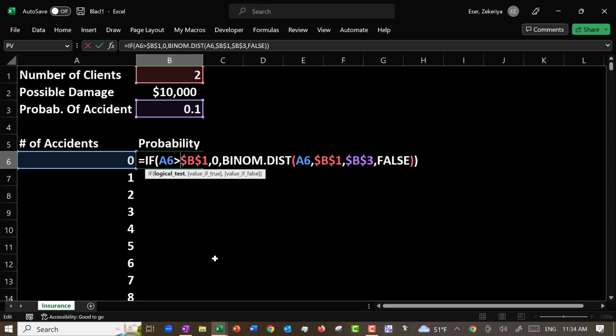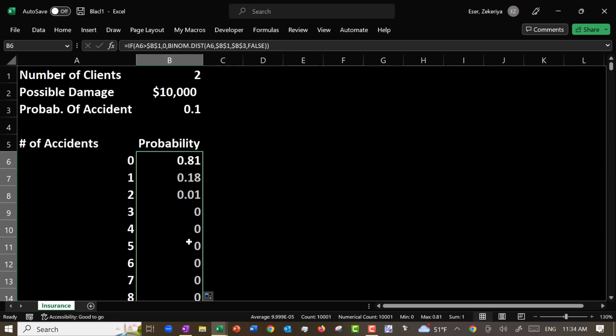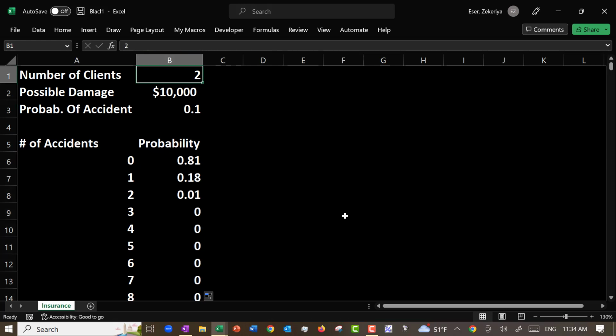The only reason this is longer than it needs to be is that I'm basically setting up something that's going to handle up to 10,000 without me trying to change things. All I have to do is double click. So if I had 3 clients, probability that none of them would have an accident is 0.729.